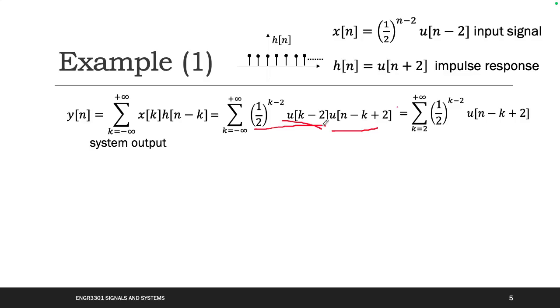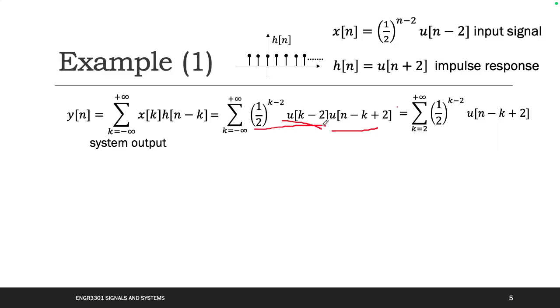What does this function look like? What's the name for this function? It's the unit step function, am I right? So what does this function look like? We said that only when this value is greater than or equal to 0, it will be 1.